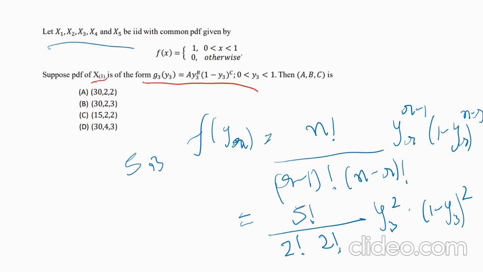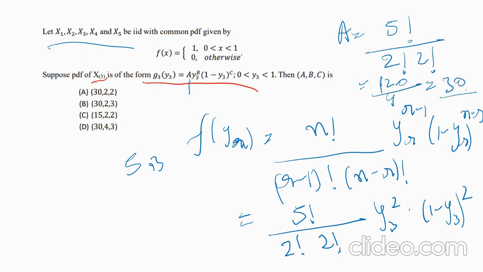So this is a. So a is 5 factorial divided by 2 factorial, 2 factorial, which will be 120 divided by 4, which is 30. A will be 30, and then B is 2 and C is 2. So it will be 32.